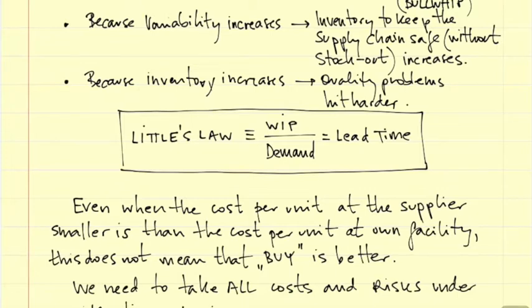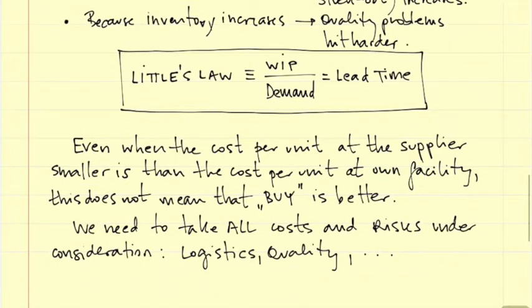Logistics, quality. Okay, logistics, think about bullwhip. Think about demand amplification. Well, bullwhip is demand amplification, so logistics is the bullwhip effect, and quality, think about Little's law.